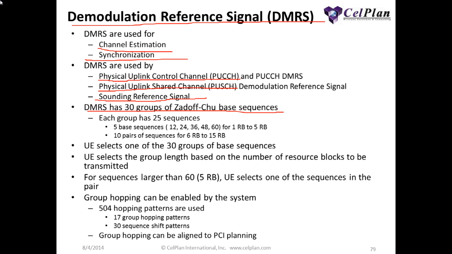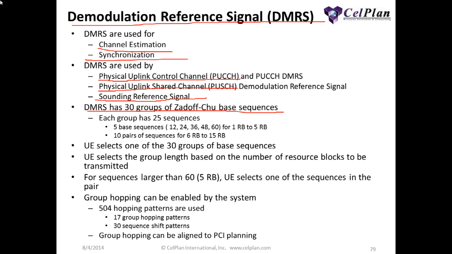Because uplink transmissions have a variable number of resource blocks, those base sequences have to be designed with different sizes, from one resource block to 100 resource blocks.